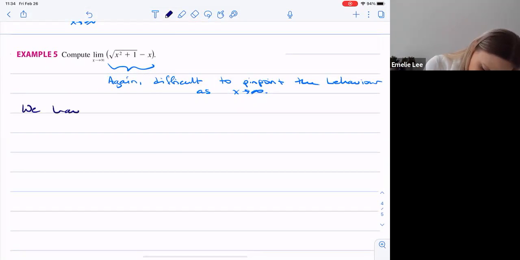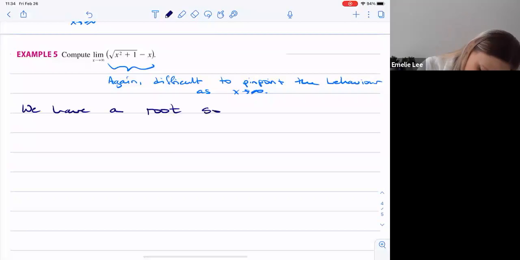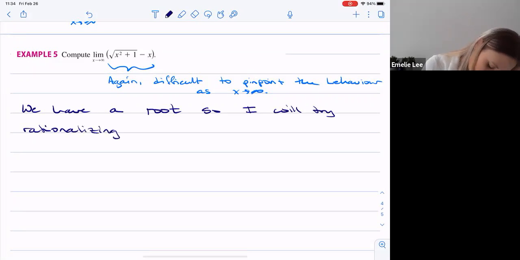So we have a root. Rationalizing is my first stop, so I will try rationalizing this thing, rationalizing first to rewrite the function.